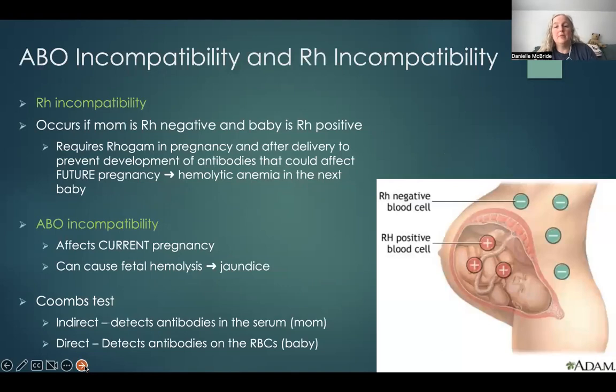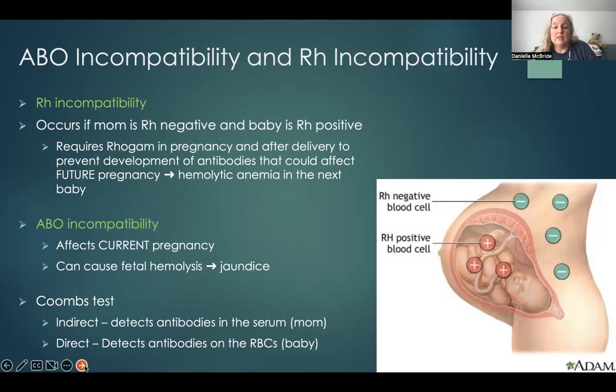So, ABO incompatibility and Rh incompatibility. Okay, Rh incompatibility is the one that we spend the most time talking about. When we talked about what labs we want to know, we wanted to know the Rh. This is because if the mom's Rh is negative, then we give her something called RhoGAM in her pregnancy.